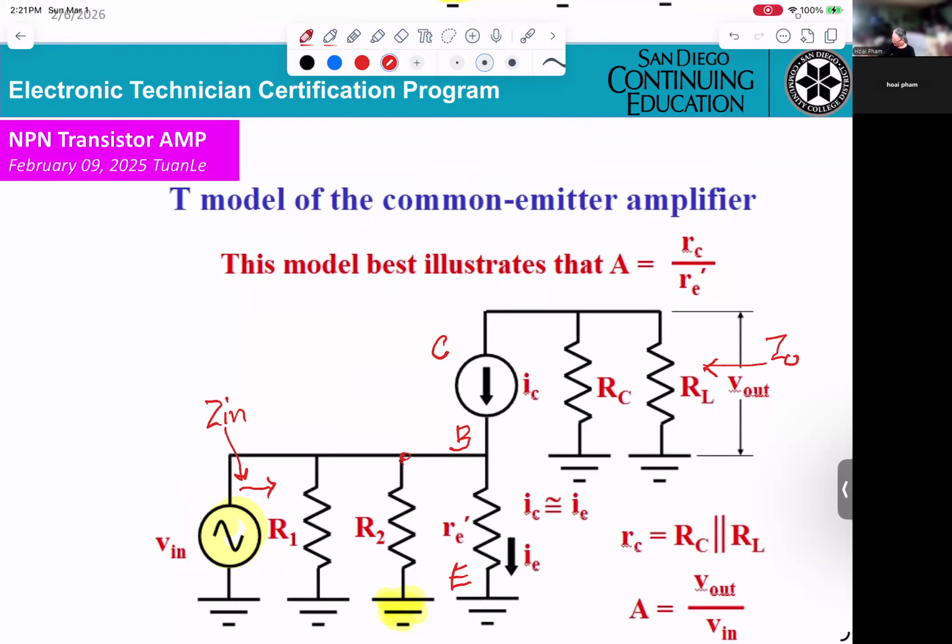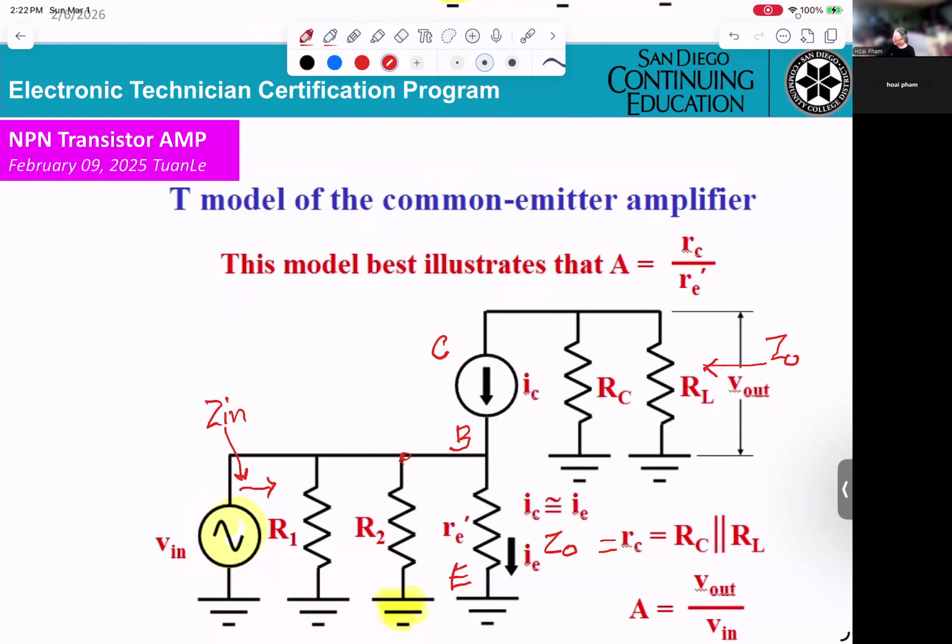And in this display, they're using a small c. Basically, that will be Zout. Okay? But the textbook uses a small c. That means output impedance. Okay? So if you're looking from the output into the amplifier, you can see RC and RL in parallel.